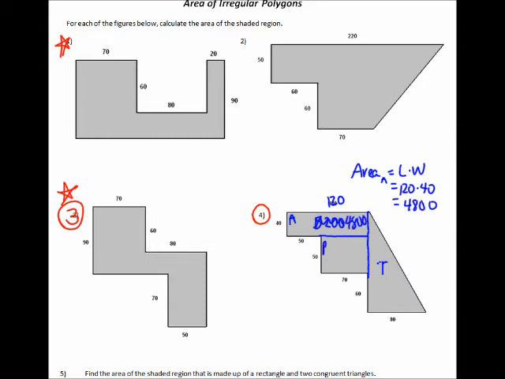And then I would do part B, and that would be 50 times 70, and that's 3,500. And then I have 1/2. Area of C is 1/2 base times height, which is 1/2 of 80 times height there. You have to figure it out, okay? So it's going to be 60 plus 50 plus 40.